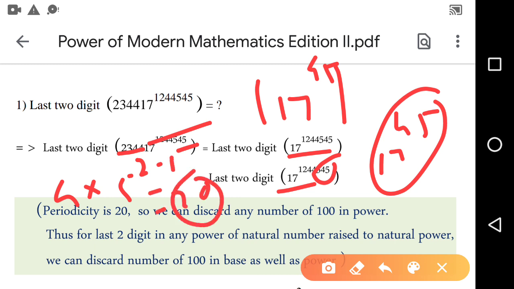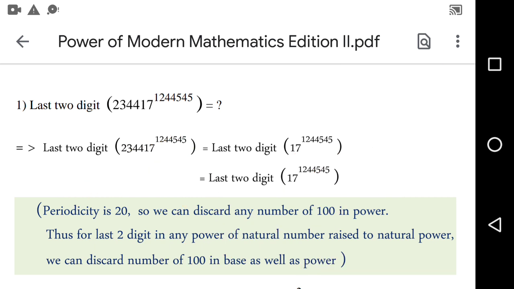So 17 raised to 20 ends with a neutral number, and since this is odd, it ends with a neutral number ending with 01. So 17 raised to 40 also ends with 01.